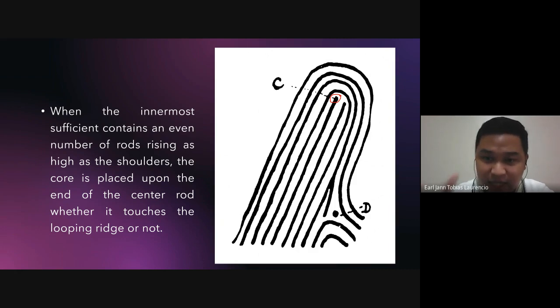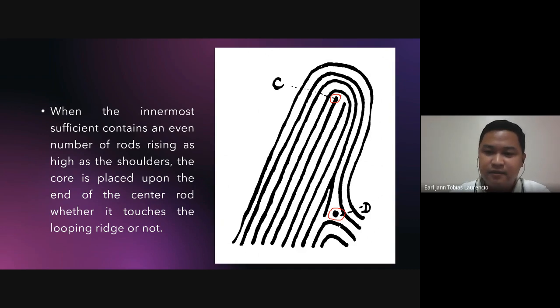Because that ridge, that rod, is far from the delta. So always remember, in choosing the core, it must always be far from the delta of the pattern. Now in this example, the delta is actually the ridge dot because it is located on the point of divergence of the type lines.